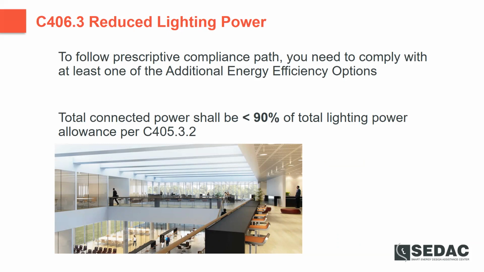So this is a good way to get two birds with one stone with the code, and it saves your maintenance people a lot of time maintaining those daylight sensors. It saves on commissioning costs, saves on installed equipment costs. This is a good all-around combination for your lighting controls.